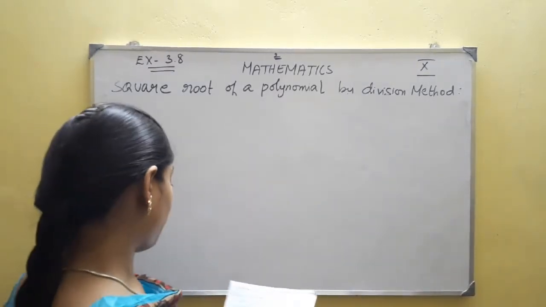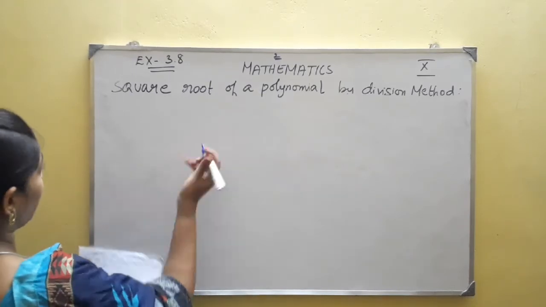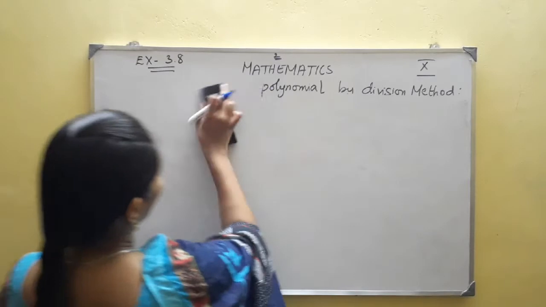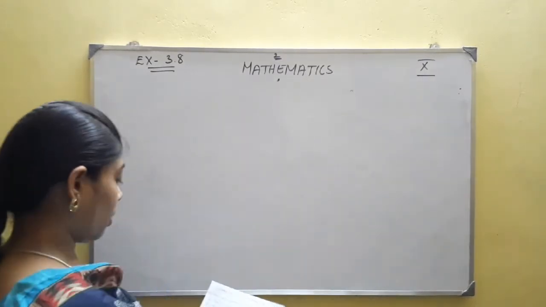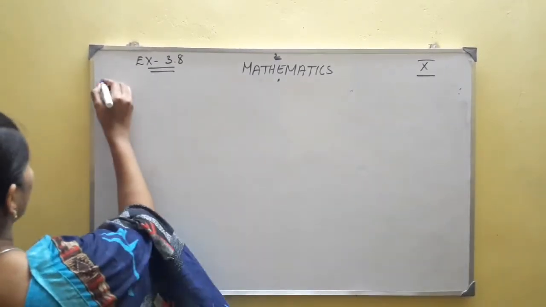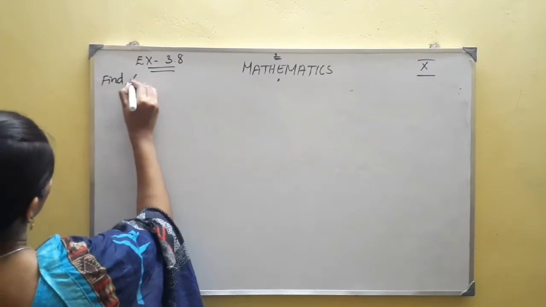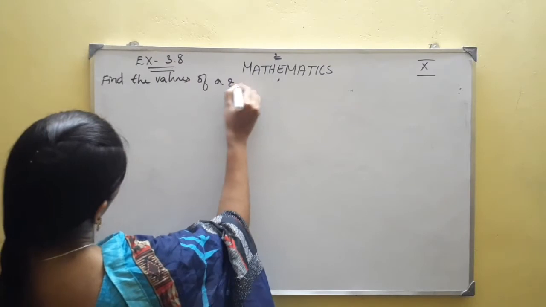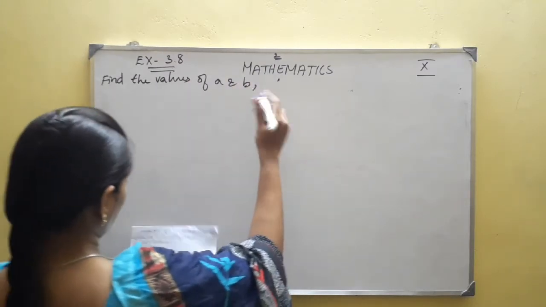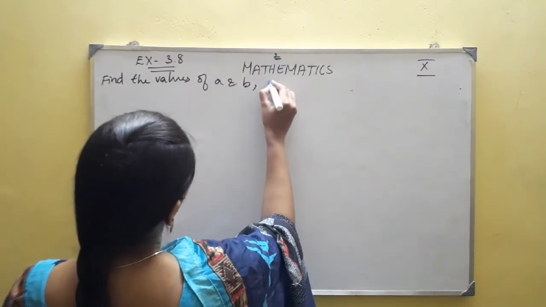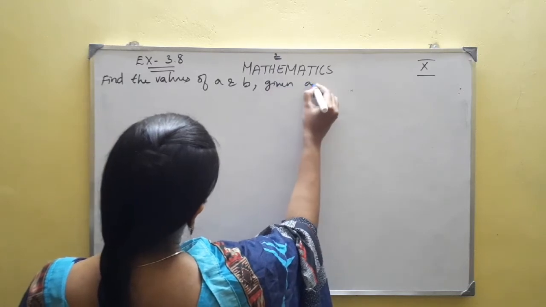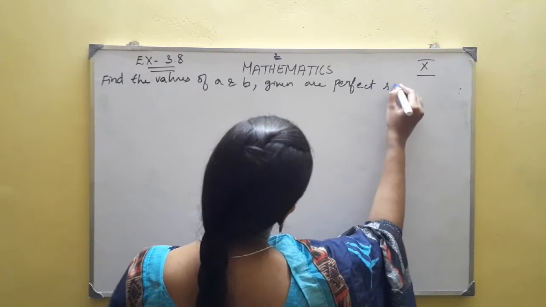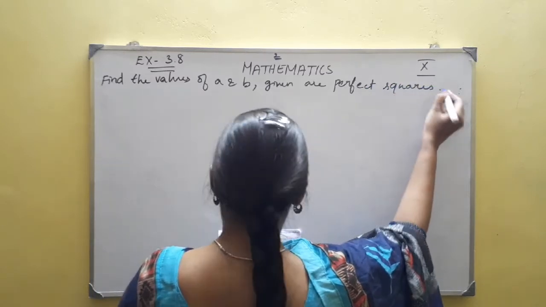So find the values of a and b for the given perfect squares.